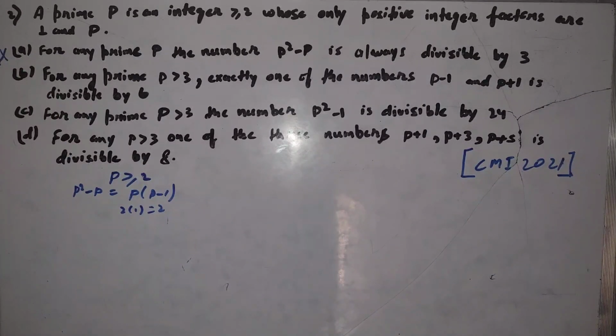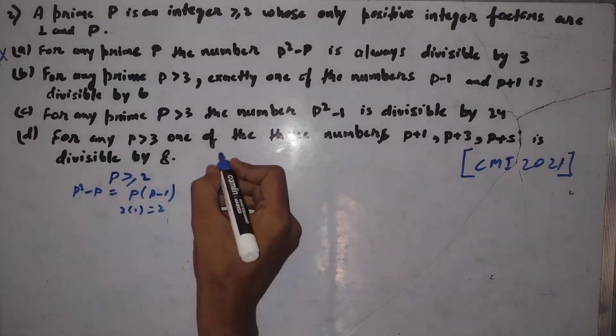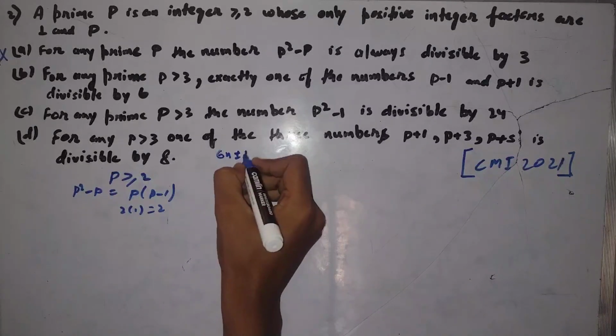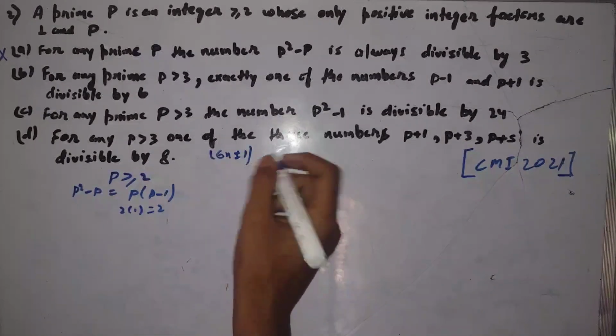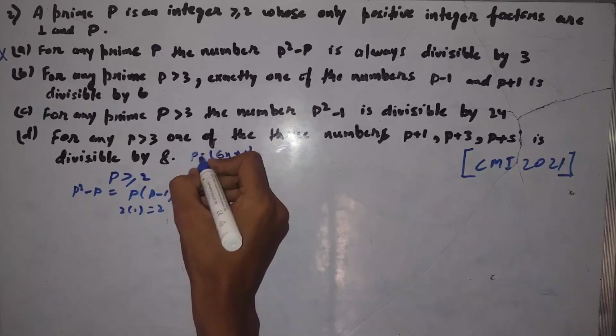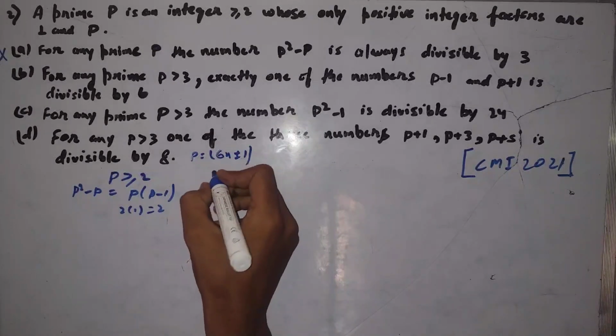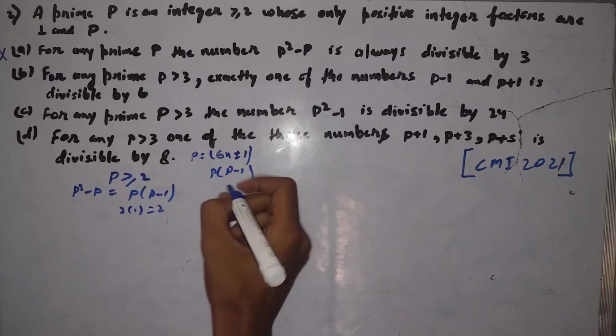Okay, but we can think of it in more general terms. We know that any prime number that is greater than 2 can be expressed in this form, 6n plus or minus 1. So if we choose a number p square minus p, let's call this p, then p square minus p means p into p minus 1.